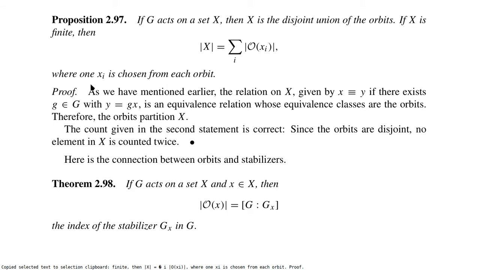The proof is, as I mentioned earlier, the relation on X given by x is equivalent to y if there exists g such that y can be written as g times x. This is an equivalence relation with equivalence classes.